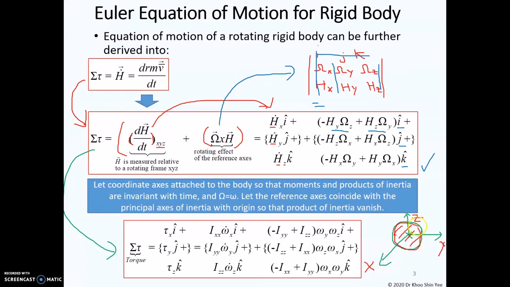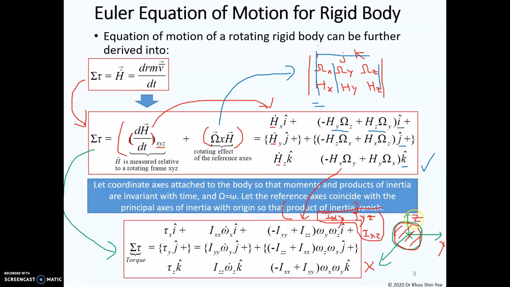Previously, you have learned that if you attach the axes at the principal coordinates, then the products of inertia, which are Ixy, Iyz, as well as Ixz, will vanish. So you can simplify this into this equation by vanishing all of these components.